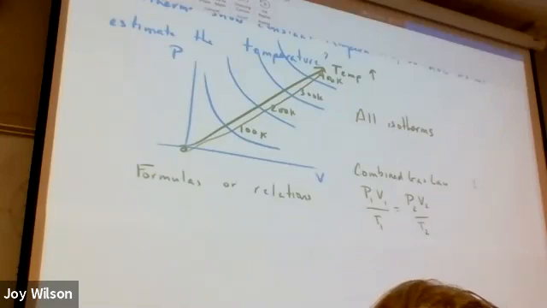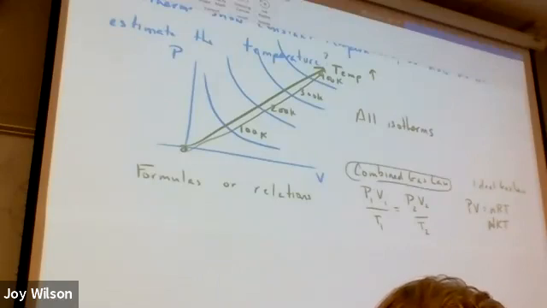We're going to use the ideal gas law, which is PV equals nRT or nKT. So this is the one we use the most.